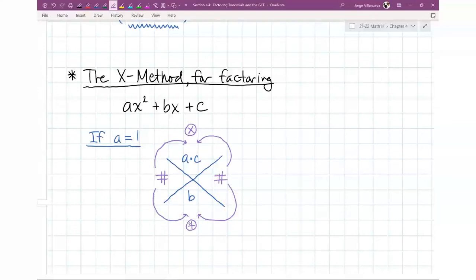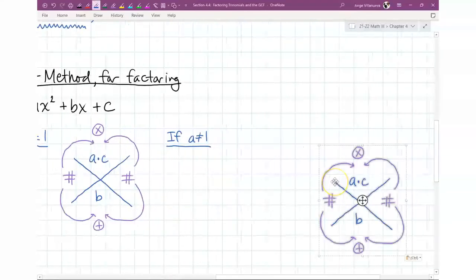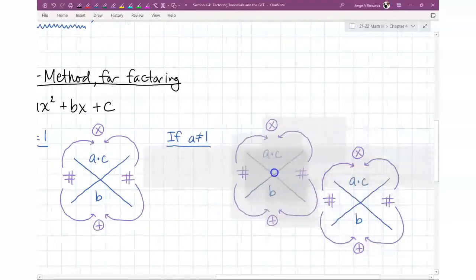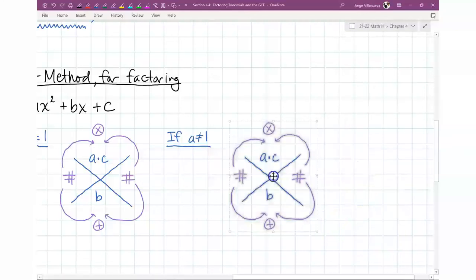So we'll do these examples, okay? If a equals 1, that's what it looks like. You just try to figure that out. Now, if a is not equal to 1, then the same picture basically comes out. Okay, let me just copy paste it if I can. Let's see if I'm able to get that to work. Okay, it's going to be the same, but there's one crucial step.